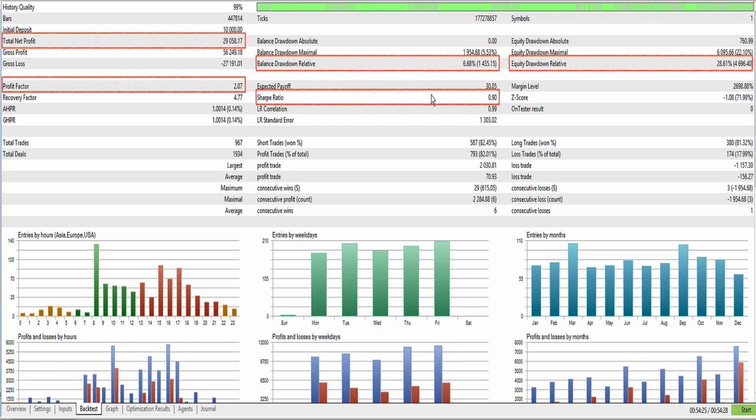And then the last value I want to point out is the Sharpe ratio. You can see this is 0.90 here, which is considered on the high end of expert advisors. They can get up into the 2 and the 3 range, which are considered excellent, and we do have a Sharpe ratio like that if we backtest smaller time periods.